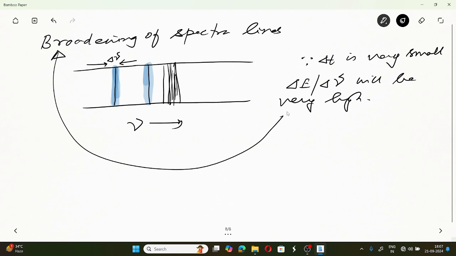Fine. So let us move to another aspect. From the uncertainty principle, we can have an idea.